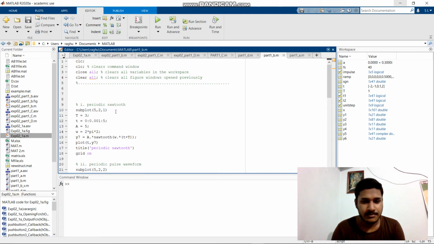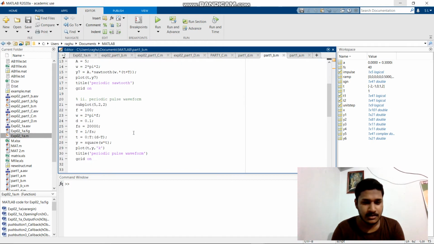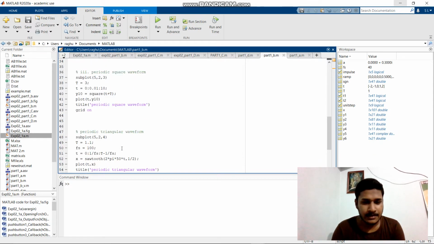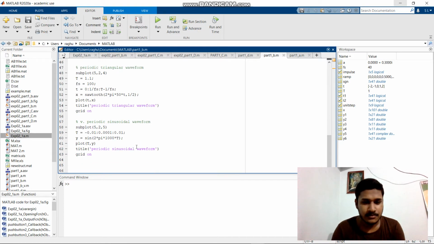First we plot the periodic sawtooth using the sawtooth function, then the pulse waveform using square, then the triangular waveform using the sawtooth command, and then the sinusoidal waveform with a fundamental period of 1 millisecond. I am running this program.